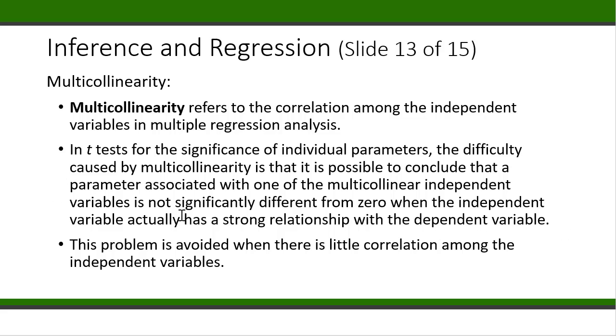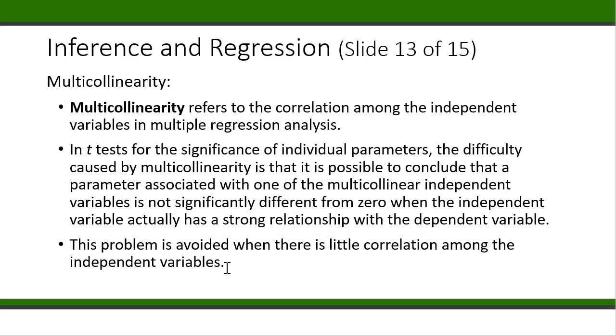So we've got a couple of x's that are correlated. One of them may not appear to be strongly correlated with the dependent variable, and you would conclude wrong. You avoid this problem when there's little correlation among the independent variables.